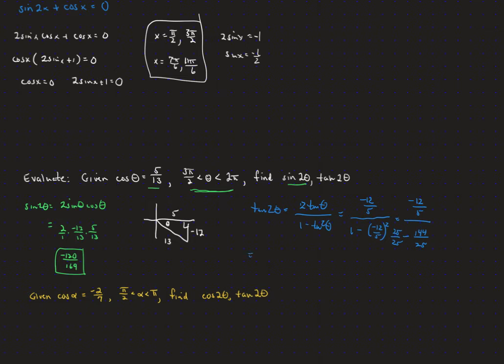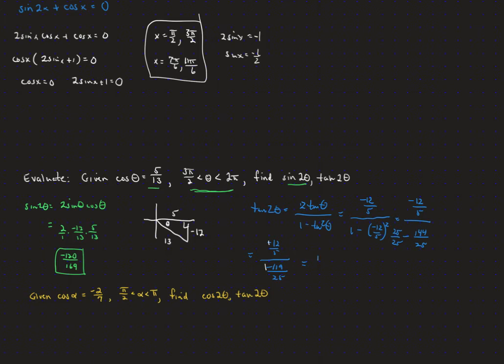So we still got our negative 12/5 on top. Let's see, 25 minus 144 is going to be, I think, 119. So it's going to be a negative 119 over 25. So I guess we can cancel the negatives. They'll drop out.